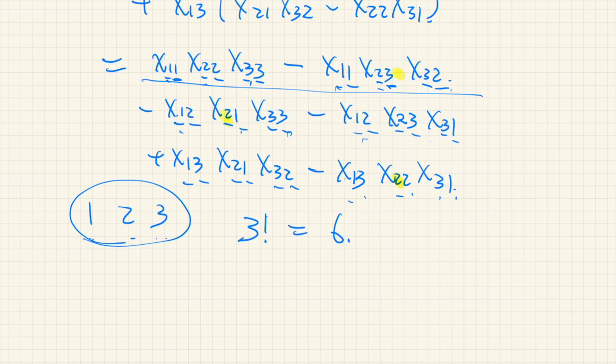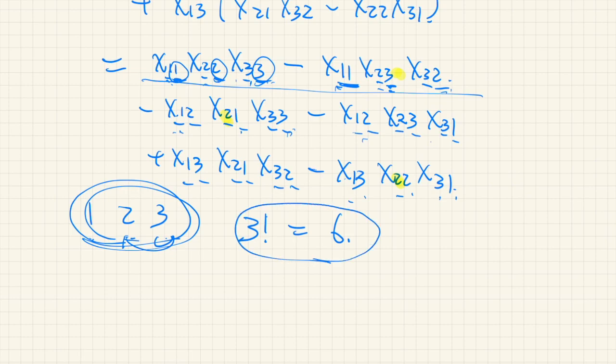But the column indices here correspond to the possible permutations of these numbers. So it can be just no permutation, 1, 2, 3. It can be just swapping the last 2 numbers, 2 and 3, and 1 remains the same. If you consider these permutations, you get 6 possibilities.